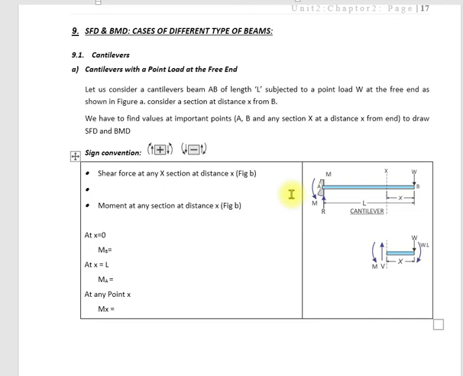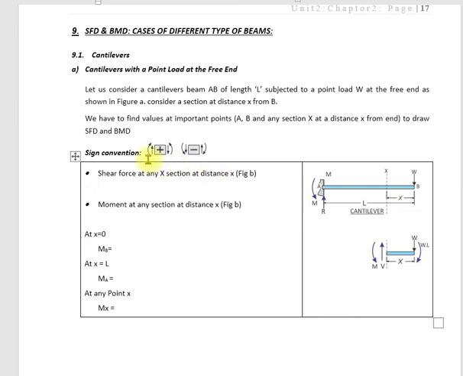So shear force at any section x would be equal to, this shear force is V, and we know the sum of all the forces is 0, and in this sign convention downside is positive.